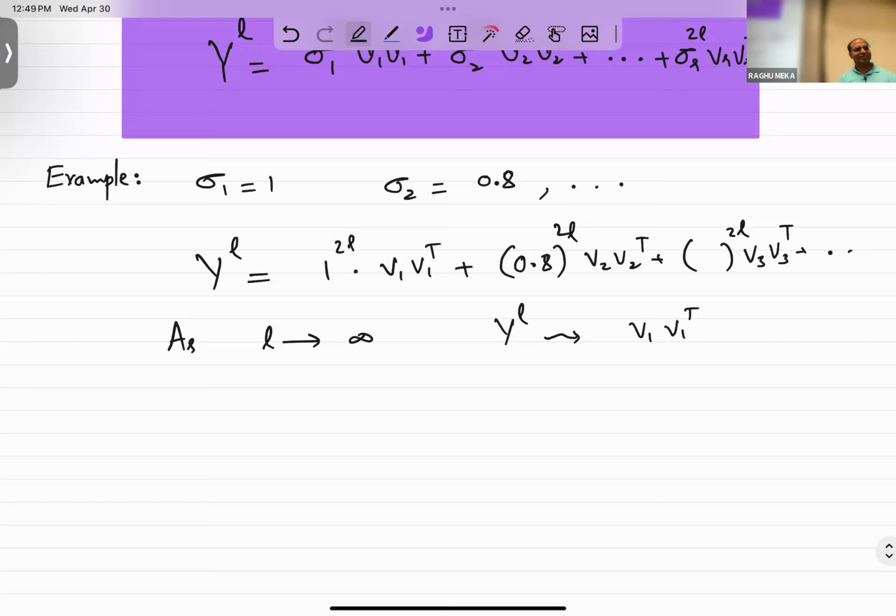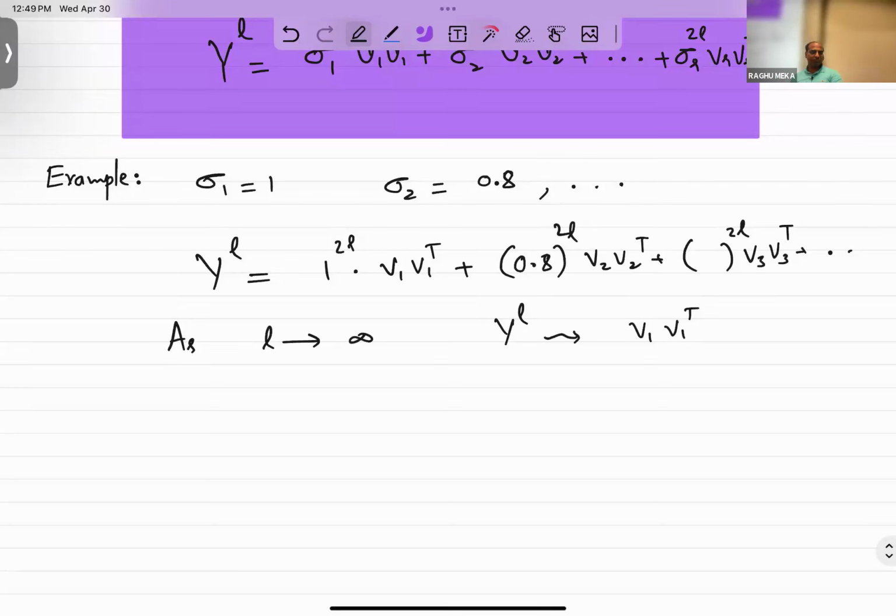In some sense, y to the L really looks like a rank 1 matrix. Not exactly rank 1, but rank 1 plus some things which are exponentially smaller.